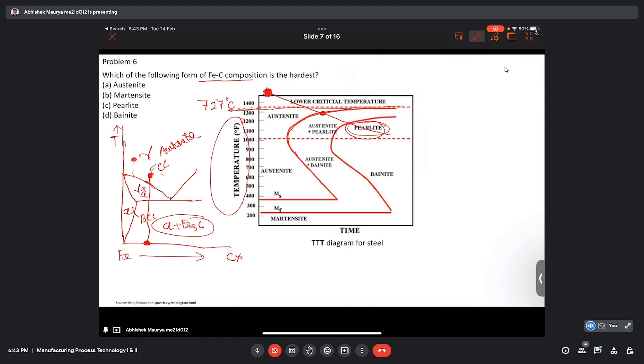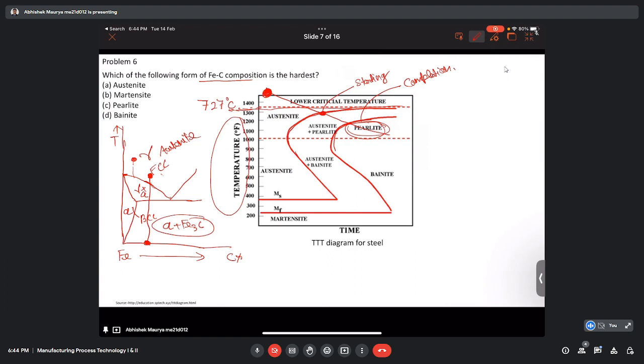This is the beginning, or the start of pearlite transformation, and this inner curve is for the completion of pearlite transformation. So we first homogenize the given composition to the austenite phase, and then cool it down slowly, and here we got the pearlite.